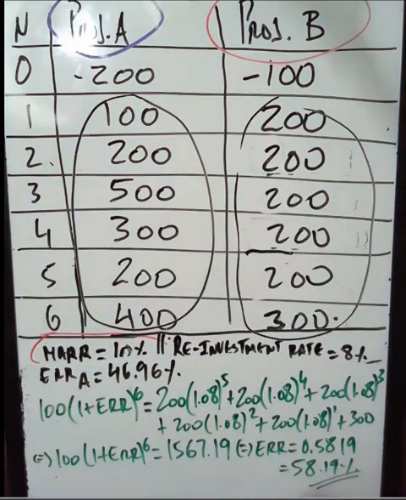So this exercise pretty much shows you everything about chapter 6. Not all exercises need to be this complex, but you learn how to use the absolute value methods when facing differently lived projects and transform them into equally lived projects. And you learn how to use the BC ratio, the new tool, and the external rate of return.